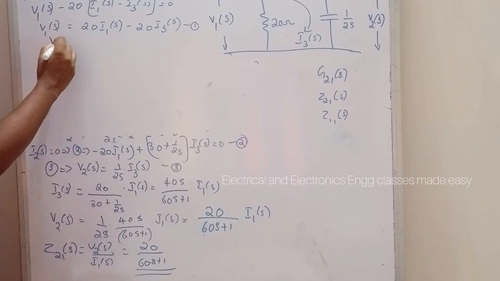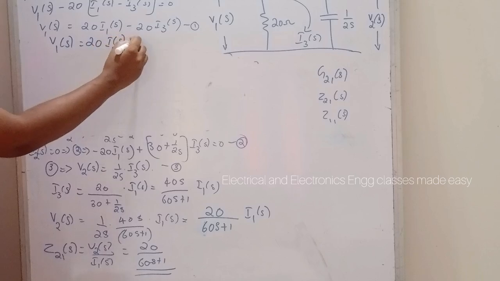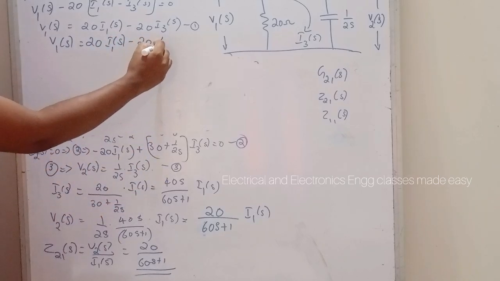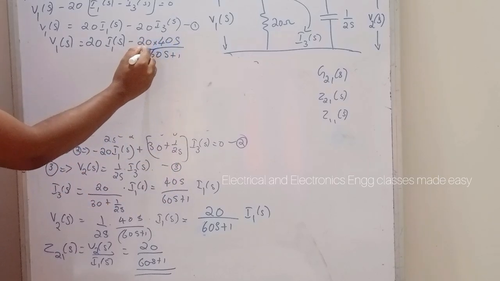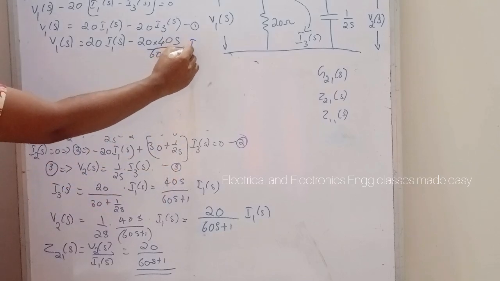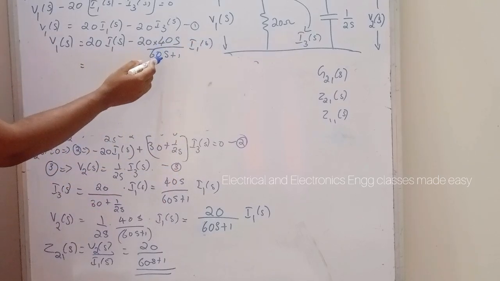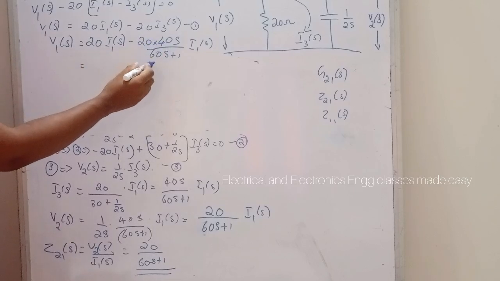So we will get V1(s) is equal to 20 I1(s) minus 20 into 40s divided by 60s plus 1 into I1(s), and that is equal to, here we will get 800s and here 60s plus 1.